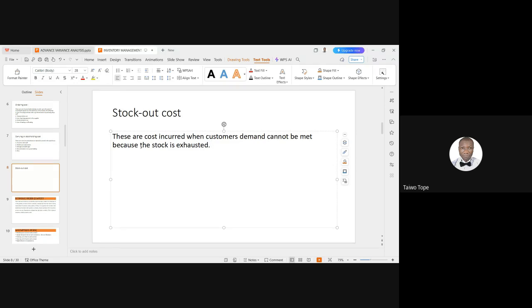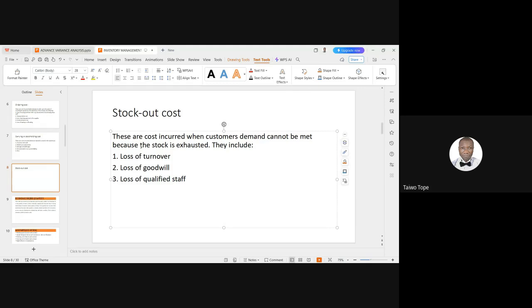So now, what are the stock out costs? They include, let's say one, loss of turnover. Two, loss of goodwill. And what else? Three, loss of qualified staff.